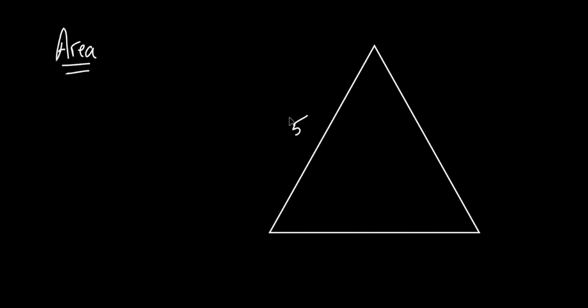No, it's not 5, don't put 5. Sorry, that's the example, and I'm not doing the example yet. This is one of our sides. That's a side, that's a side, that's a side. Kind of looks like 5, doesn't it? But those are my sides.